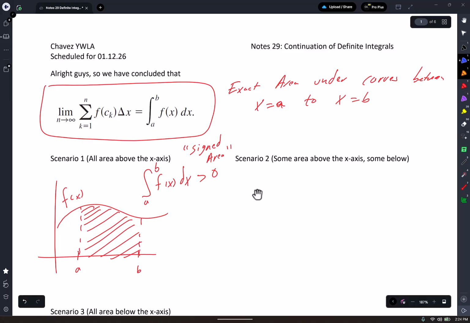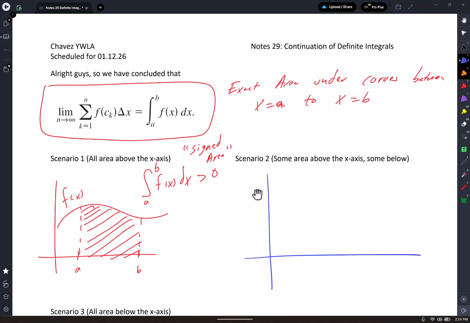Now this one says some area above the x-axis, some area below. So here's A, here's B. So it's area between the axis and the curve. So it's all this. And on the other one, it's this part right there. If there's more area above the x-axis than below, then it's positive.